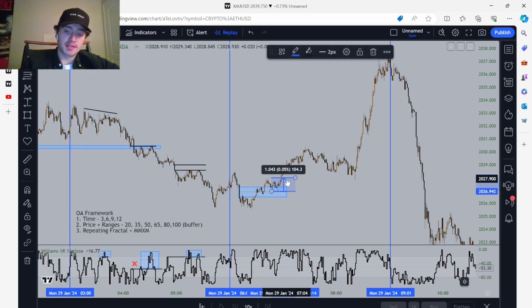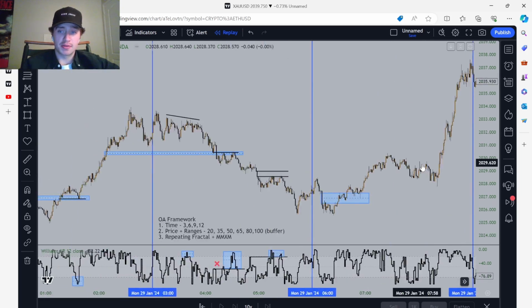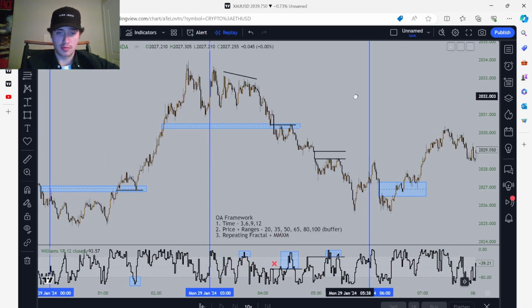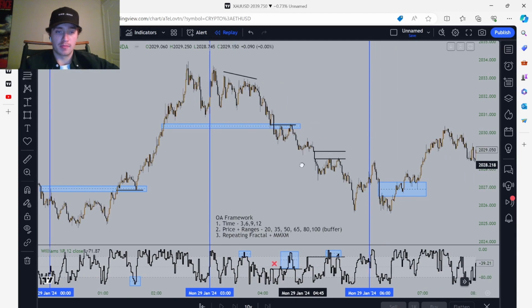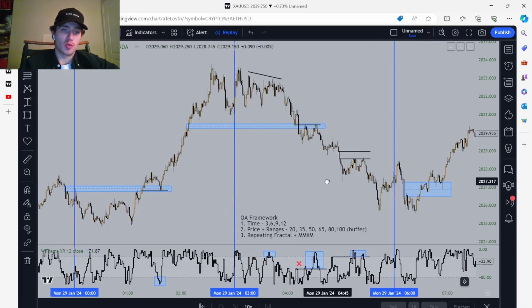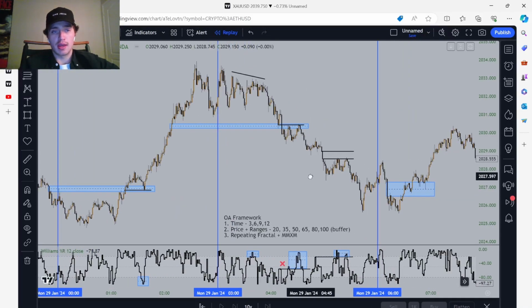So you guys can clearly see that the numbers, the price and the ranges, 20, 35, 50, 65, 80, and 100 are very, very significant, and play a big, big factor in price, in the algorithm, and where the highs and lows are going to be made. And it just adds a lot of confluence to our complete understanding of the market maker model.